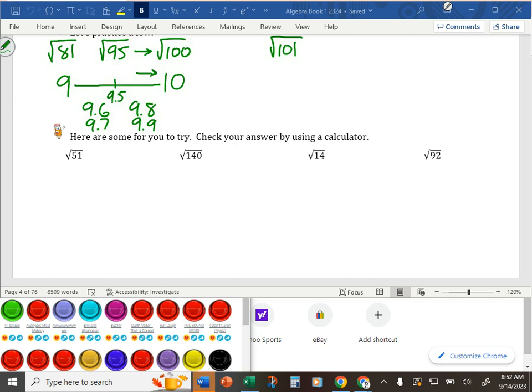Our first step is to figure out, well, what two perfect squares is 101 between? 100 and 121, but you can also write below as 10 and 11. Right. We know that the root of 101 has to be between 10 and 11 because it's between root 100, which is 10, and root 121, which is 11.